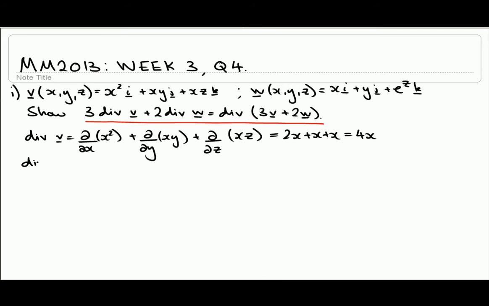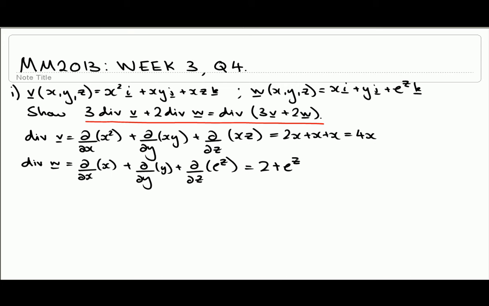Similarly, the divergence of w, which is d by dx of x plus d by dy of y plus d by dz of e to the z, that's just going to be 2 plus e to the z.